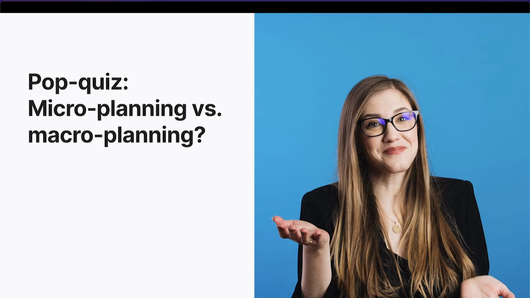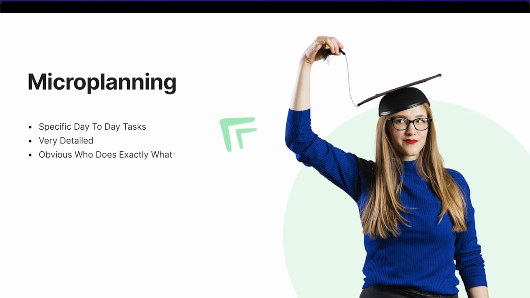So before I say anything else, let's do a quick recap, because if you watched our previous webinar, we talked about macro planning. So I hope that you at this point know the difference. But today we'll talk about micro planning. Just a quick recap: macro planning is when you are planning your work on a higher level, meaning that you are concerned with who is working on what project in a larger scope of time.